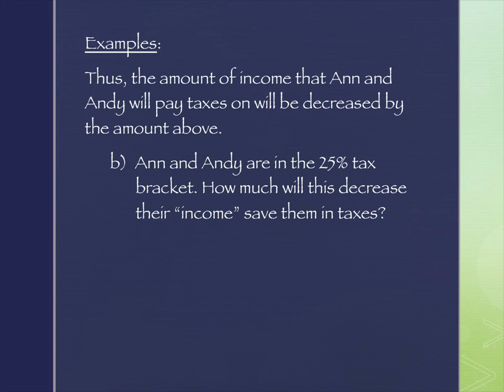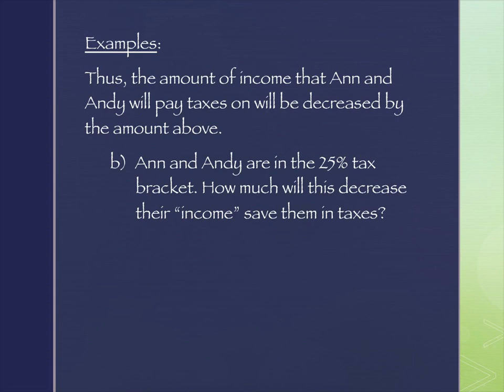Okay, so if they're in a 25% tax bracket, what this means is that they pay 25% of their income in taxes. So if they make $100,000 in a year, they're going to pay $25,000 to the government, and they're going to keep $75,000. That's what that means. Everybody got a good idea of that now? Okay, if you didn't before, now you do.